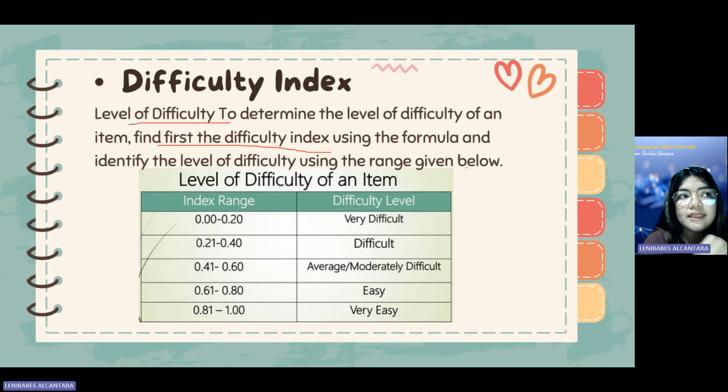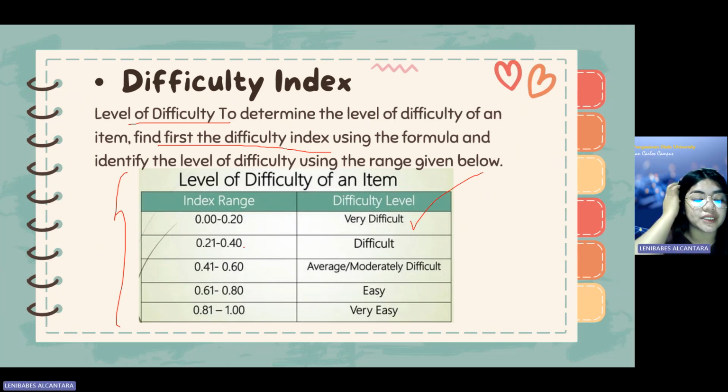Since alam nyo na ang pagkuha ng difficulty index is N over capital N, ito naman yung range natin sa pagkuha ng difficulty index. Okay? Para malaman natin kung ano ang ibig sabihin kapag nakuha natin tong value na to or yung index range natin na tinatawag. Okay? Now, if it's 0.00 to 0.20, yung item na yan ay sobrang hirap.